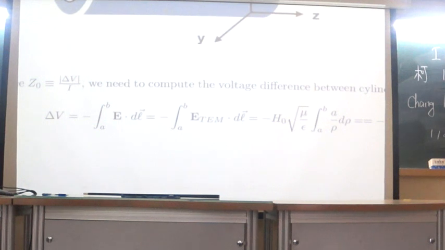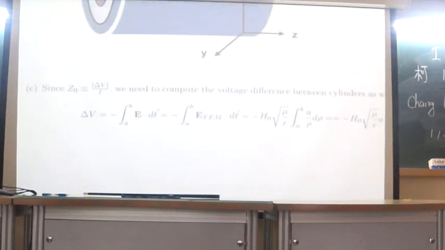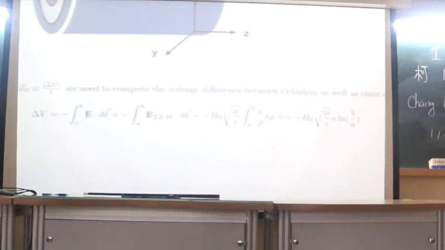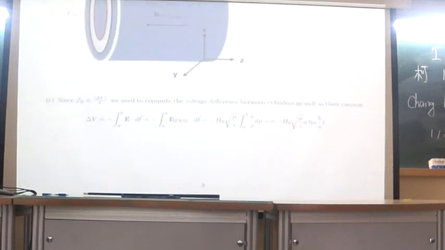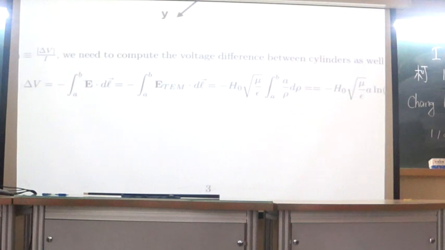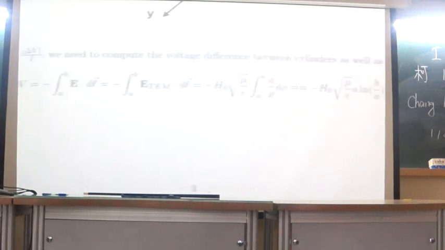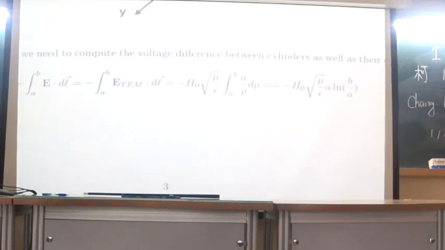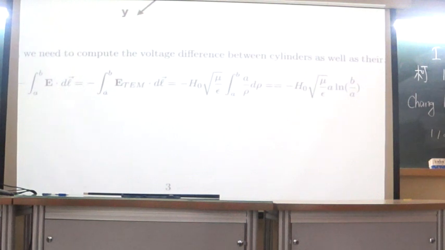So we need to compute the voltage difference between two cylinders as well as their current. The voltage difference between two cylinders is just the integral of the electric field along the rho direction. Since the dependence on rho is just 1 over rho, after the integration you will get a log here.